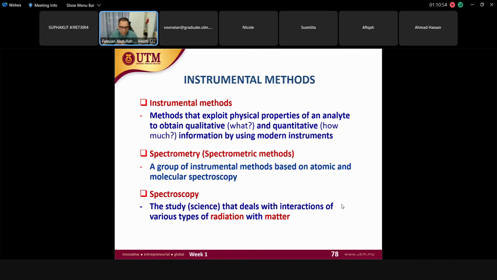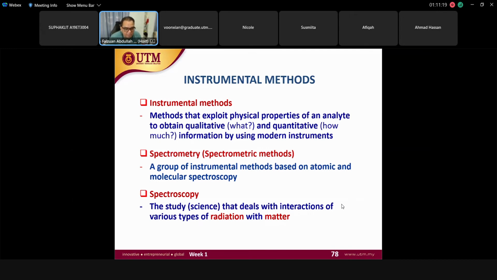When we discuss molecular spectroscopy, we will measure the molecule properties, in kind of spectrum. So we will do measurement of atoms and also measurement of molecules.